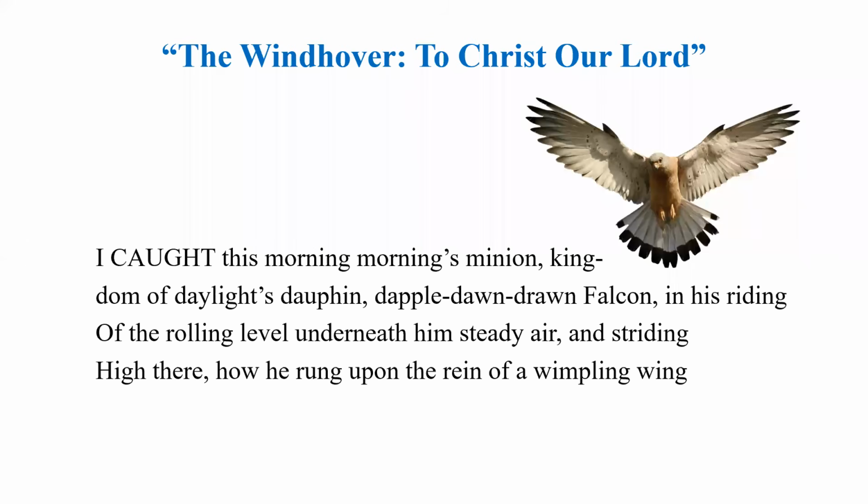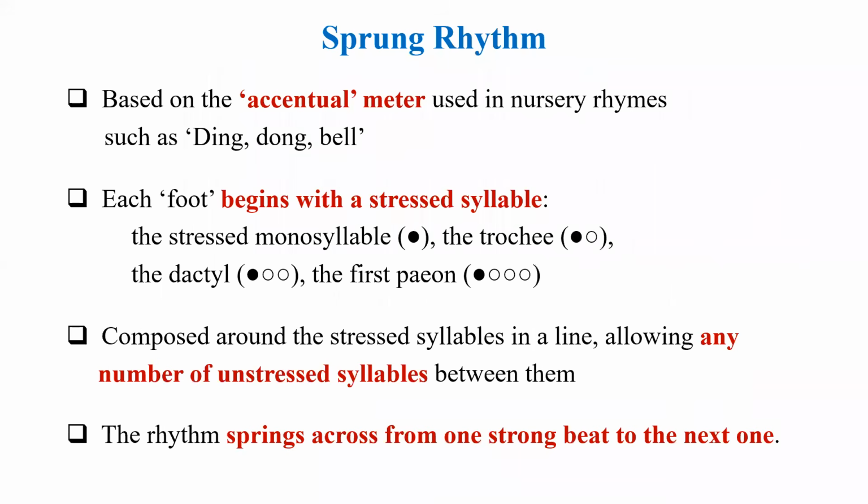Okay, so with this I move to another concept, sprung rhythm. Whenever you think of Hopkins, you think of sprung rhythm. So there is the rhythm that every poem has. So what is sprung rhythm? Sprung rhythm is inspired from nursery rhymes. See, this is how people get inspired. So why nursery rhymes? Because in nursery rhymes we go for accentual meter.